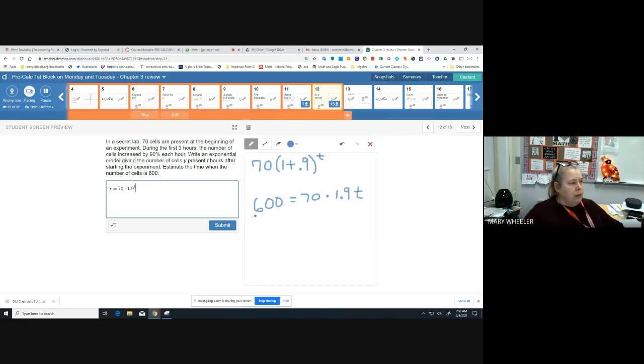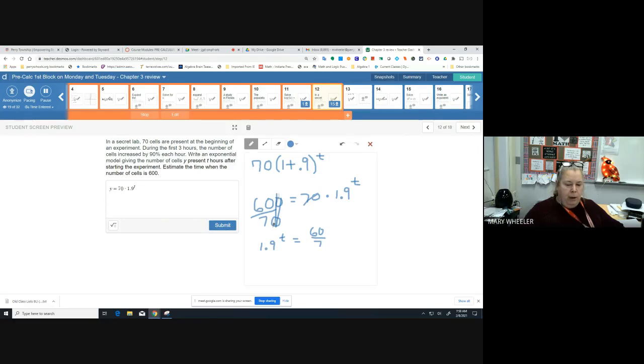Divide both sides by 70. So 1.9^t, that should look more like an exponent. So 1.9 to the t equals 60 over 70, 60 over 7.